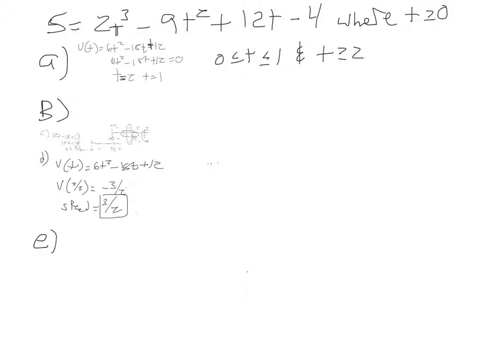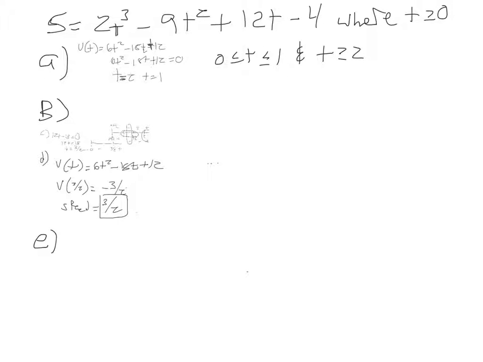So the first thing I need to do, I need to find the position at each of these times, 0, 1, 2, 3, and 4 seconds. At t equals 0, we're at negative 4. At t equal 1, the position of my particle is at 1. At t equal 2, I'm at 0.